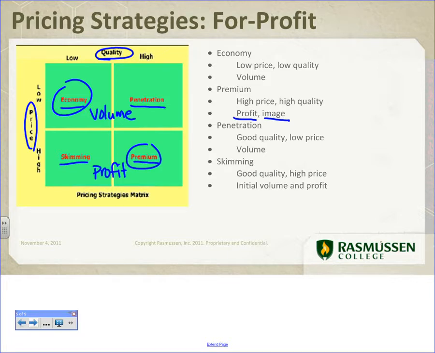Now, although penetration is included in the high quality, low price, it doesn't always mean the lowest price. Okay, you have good quality and you have a low price for it, so you're creating a value. All right, you want to make sure that you are selling enough to penetrate the market or have more consumers in your market that choose your good.